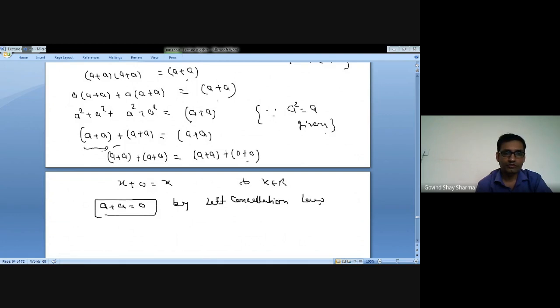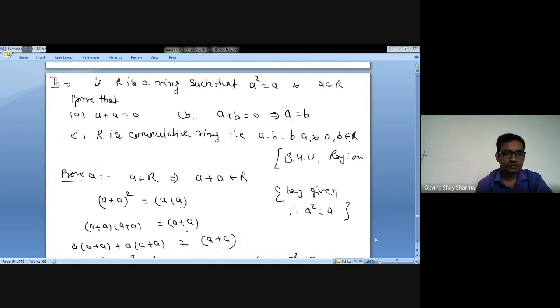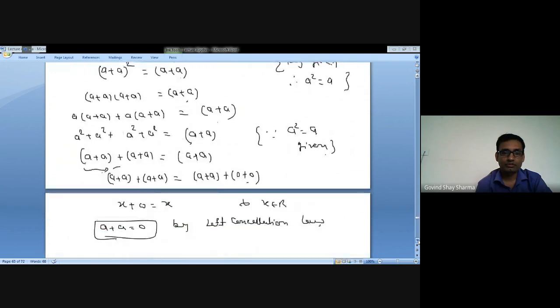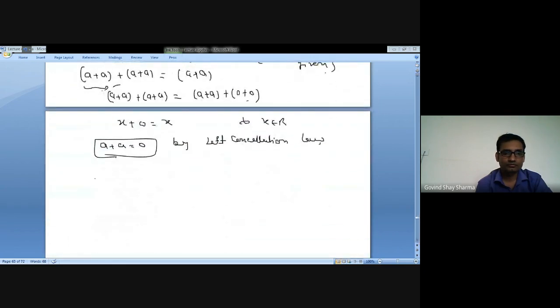This is the first part. Now we come to the second part. a plus b is equal to 0. So a plus b is equal to 0 means a plus b is equal to a plus a, because we have proved already that a plus a is equal to 0.